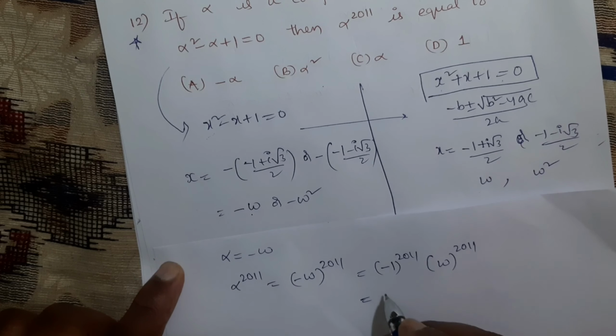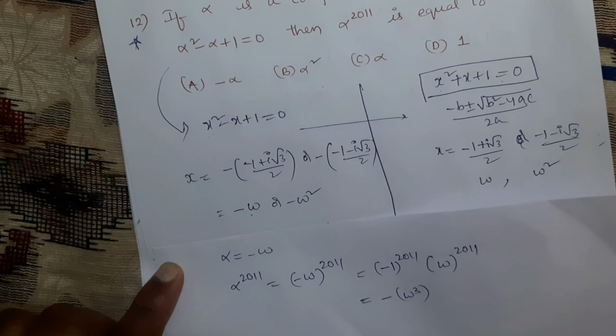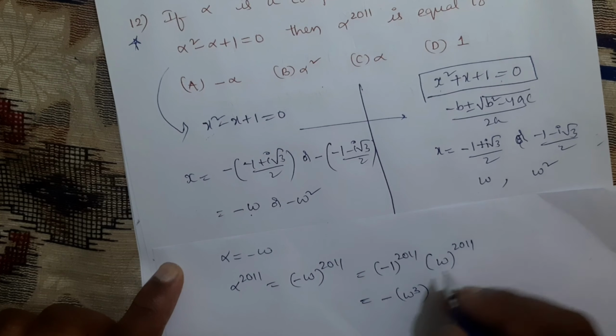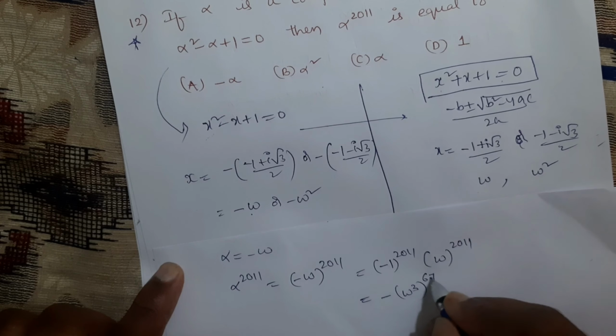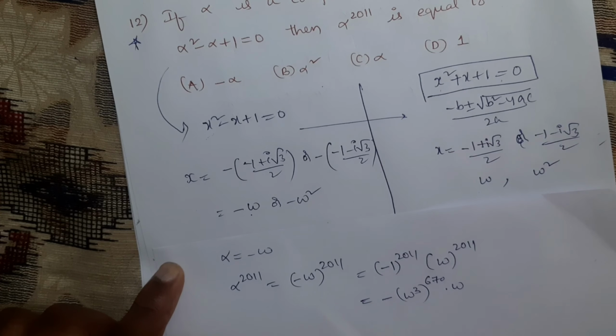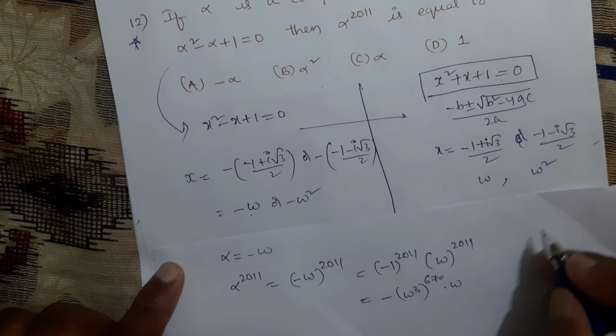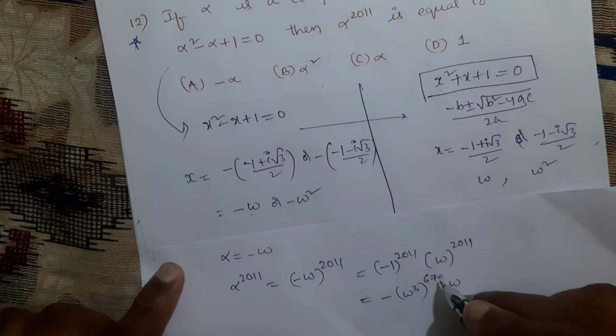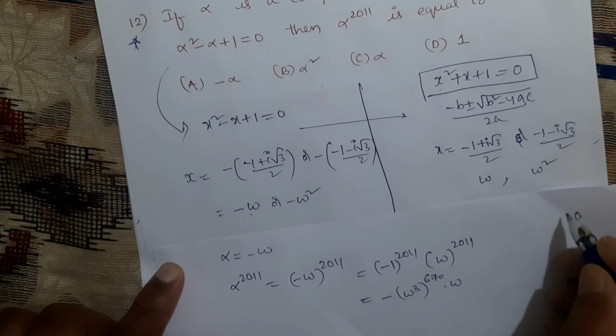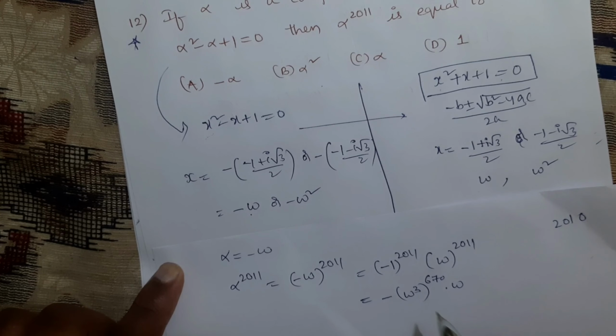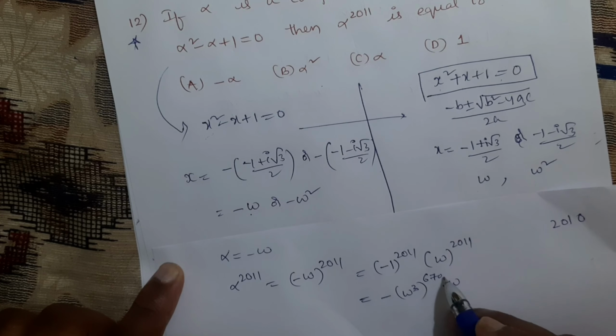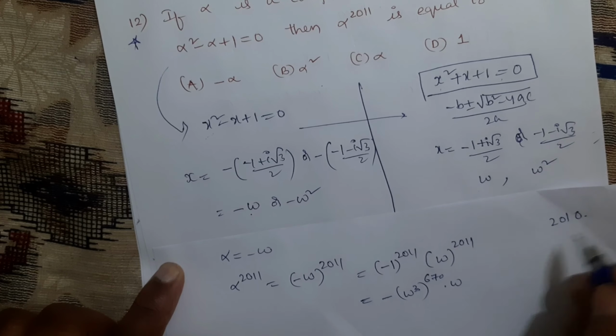So if you observe this, minus power odd number is minus, and omega power 2011 I will write as omega cube whole to the power of 670 into omega. Why? Because 3 into 670 is 2010.